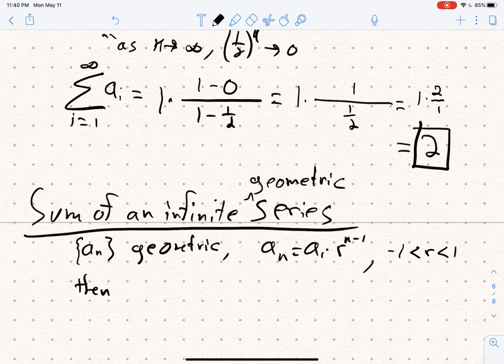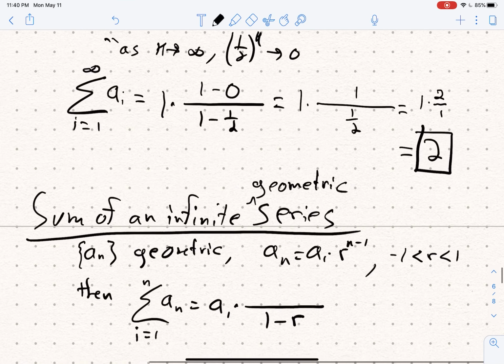So, the sum, i equals 1 to infinity of a_i, is given by the following. a_1 times, it's still a fraction, the bottom is still 1 minus r, but on the top, instead of 1 minus r to the k, we think of that r to the k as going to 0, just like it did up above.